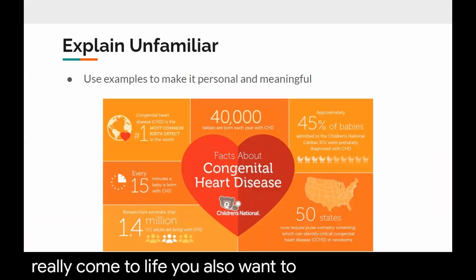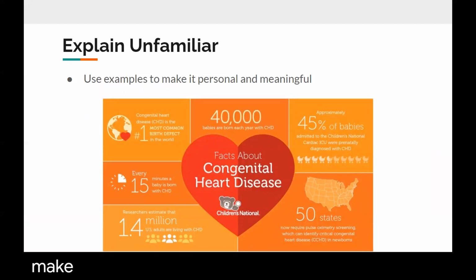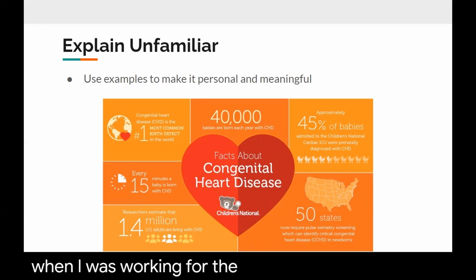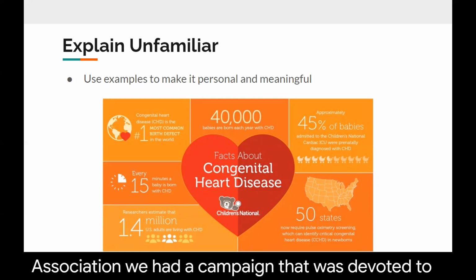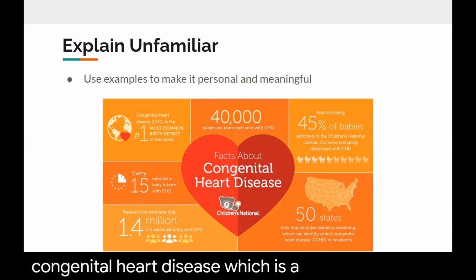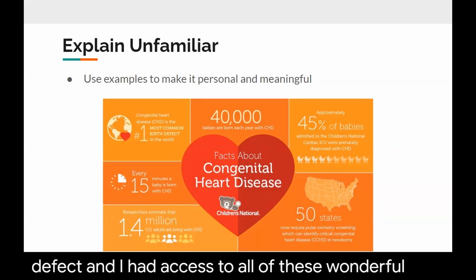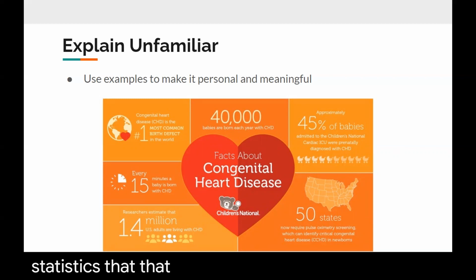You also want to use examples to make information personal and meaningful. Again, when I was working for the American Heart Association, we had a campaign that was devoted to congenital heart disease, which is a common birth defect. And I had access to all of these wonderful statistics that show a real impact of CHD.